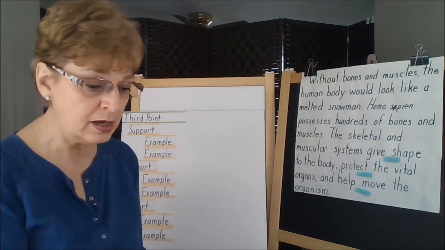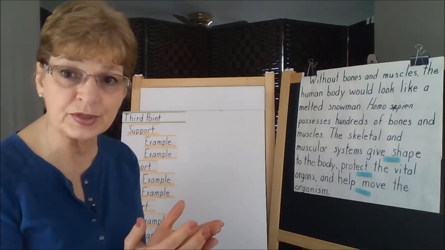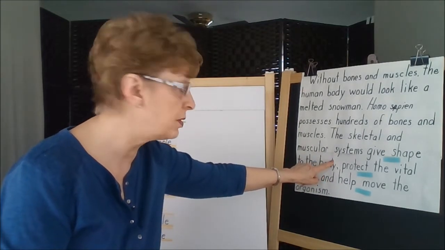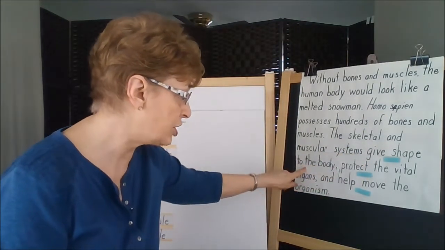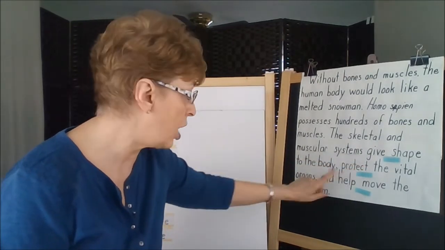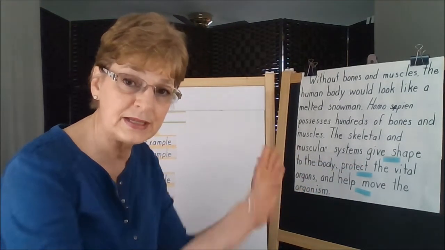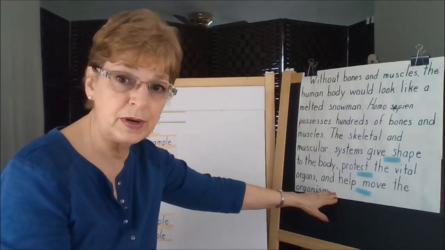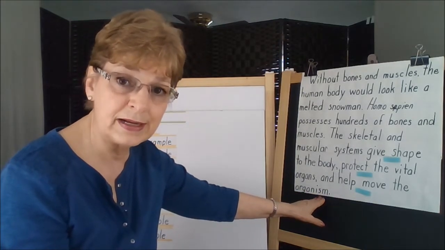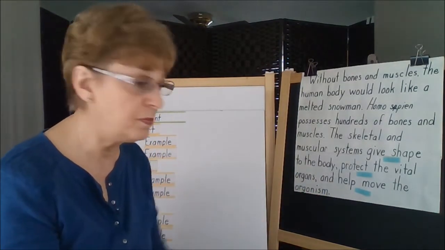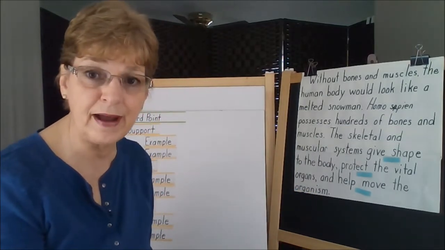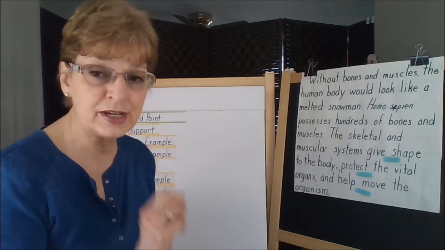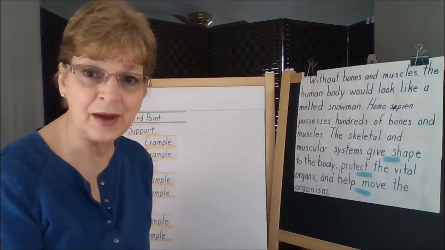And the more that you can coordinate those within the categories that you've listed out here in your intro paragraph, giving shape, the details that talk about protecting the vital organs would be separate into the second body paragraph, and then any detail that would talk about helping the organism actually move could be used in the third body paragraph. And you're going to be able to tell from the notes that you've taken because as you've read, you've coordinated your notes in that way.